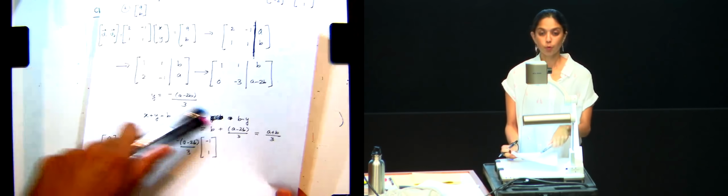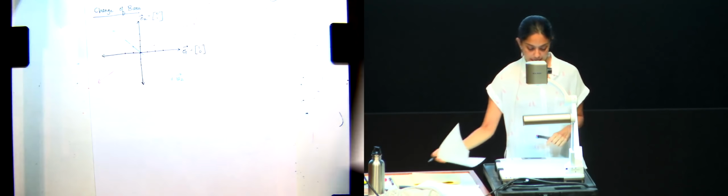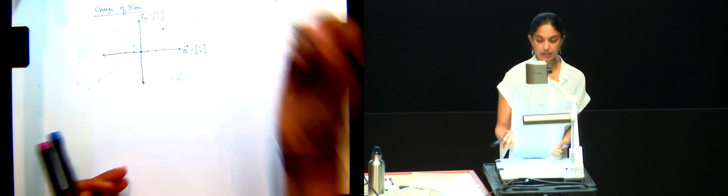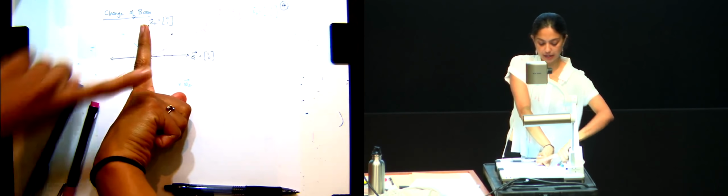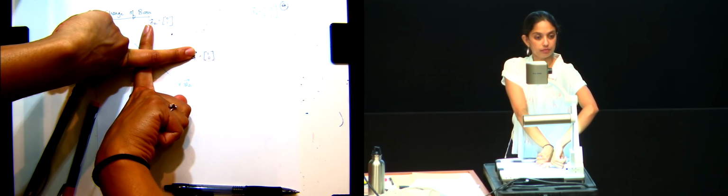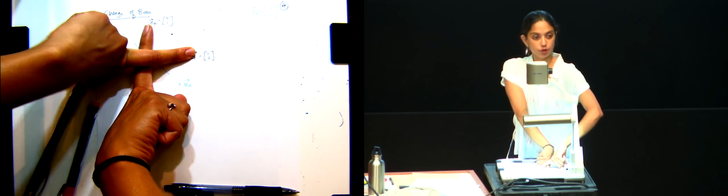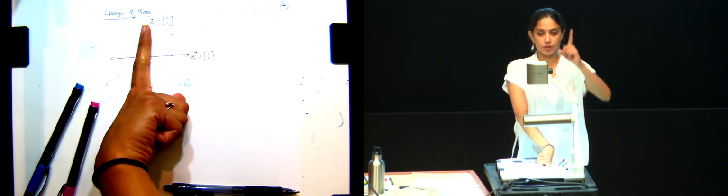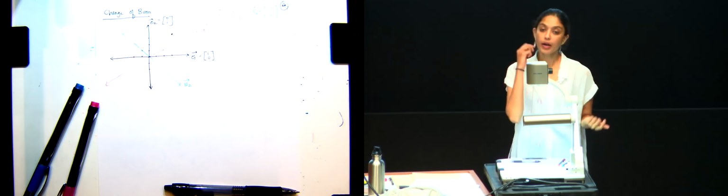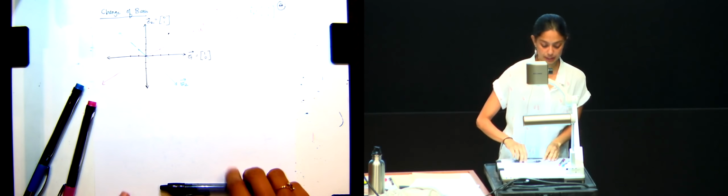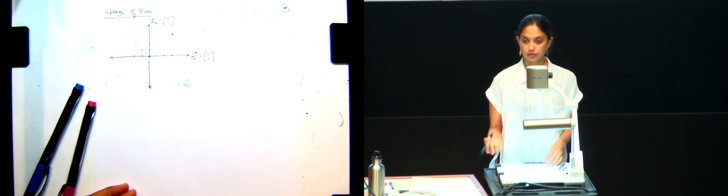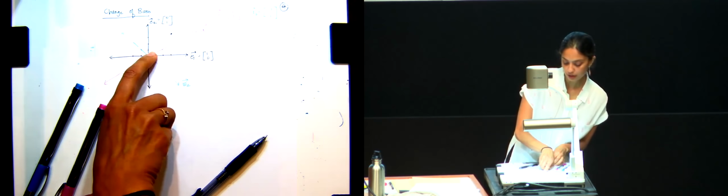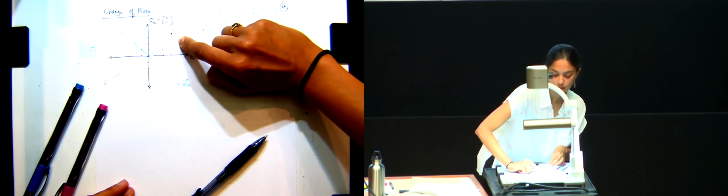And so what you just calculated here was that if I take any point (a, b), I can express it as a linear combination of this guy and this guy, which is what we always do, right? If I have (a, b), I know that the x-coordinate is a and the y-coordinate is b. But I can also express it as a linear combination of this guy and this guy. I can say, well, you go a little bit along this guy and then go a little bit in that direction.